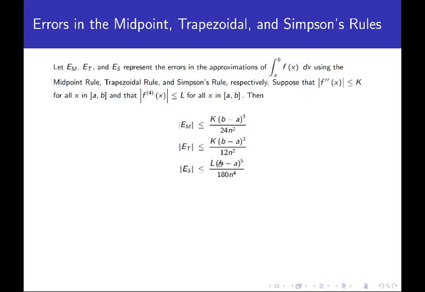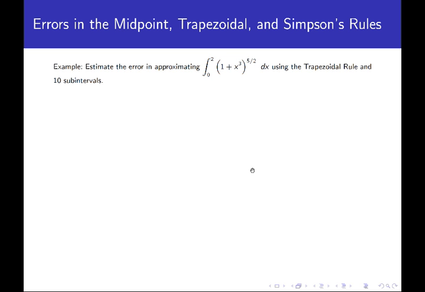So we're going to use the L, that's the bound on the fourth derivative, times again the length of the interval, b minus a to the fifth power, and then divide by 180 times n to the fourth. So these are the error formulas for midpoint, trapezoidal, and Simpson's rule that we're going to use to either get an idea of how good our approximation of the integral is, or to see how many subintervals we will need to get to within a certain tolerance level that we want.